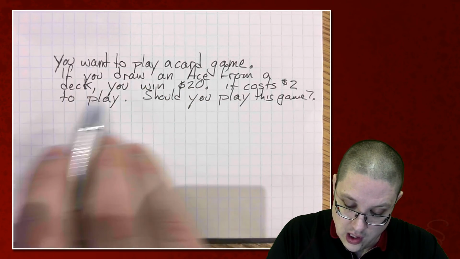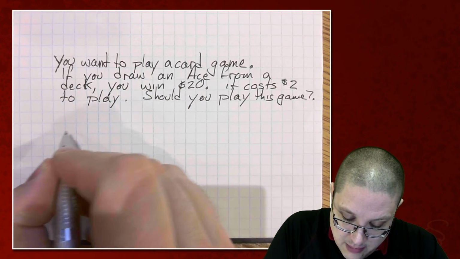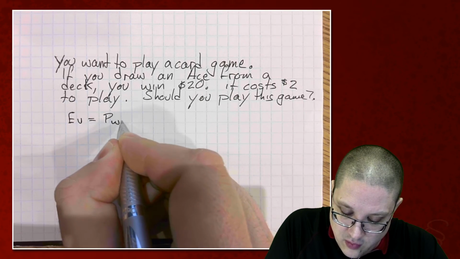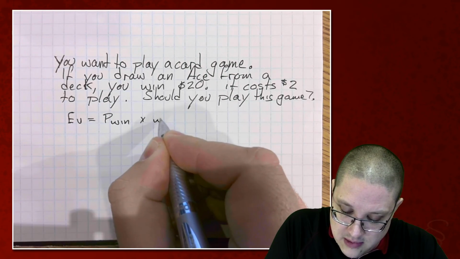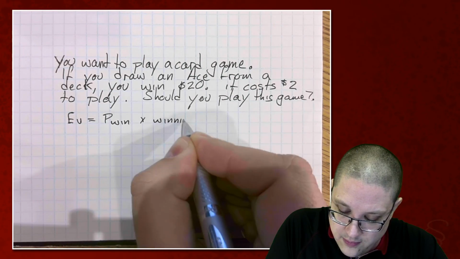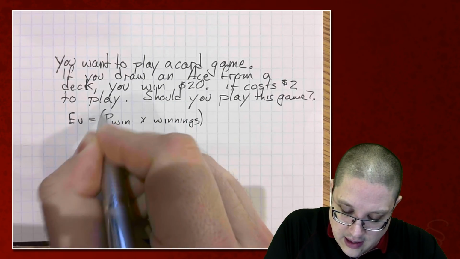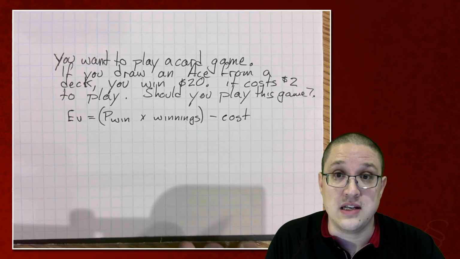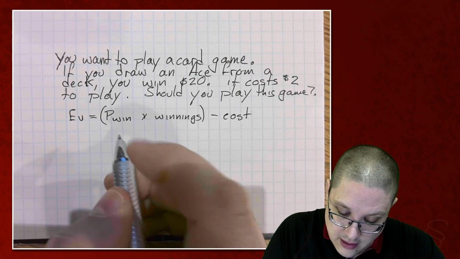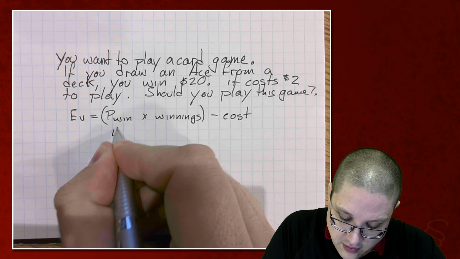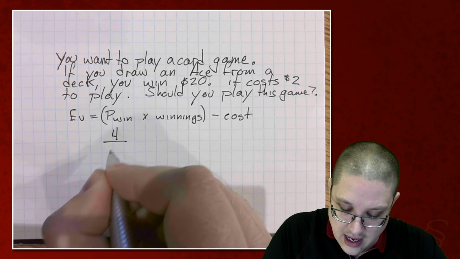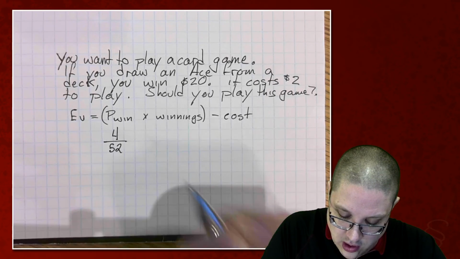So here we go. In order to do this, I need my formula. My expected value is my probability of winning times the amount that I can win, and I'm going to subtract the cost. Nice and easy. The probability of winning, in a deck of cards, there are 4 aces, and there are 52 cards in a standard deck.